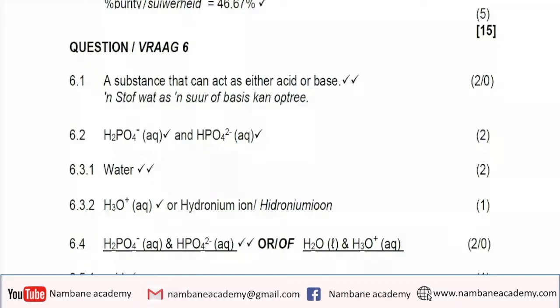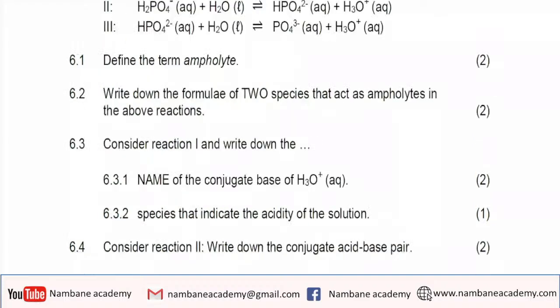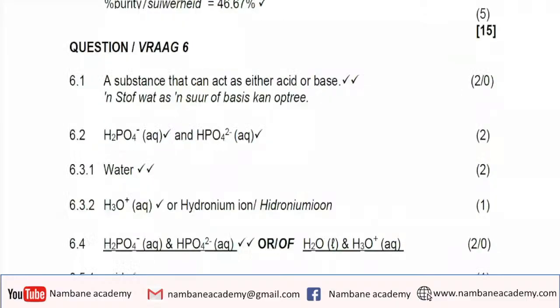And then 6.3.1: consider reaction 1 and write down the name of the conjugate base of H3O⁺. From 6.3.1, the name of the conjugate base will be water, for 2 marks. It wants the name, not the formula. So if they give the formula, they get absolute 0.